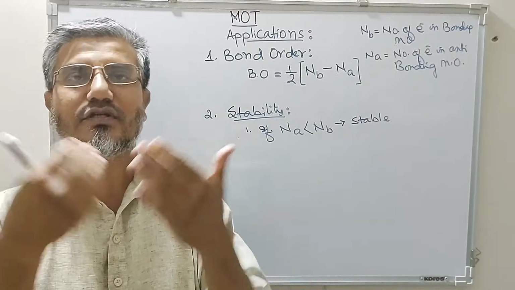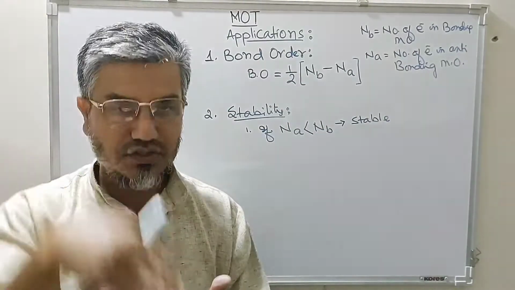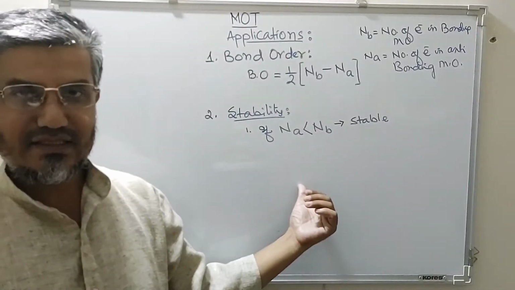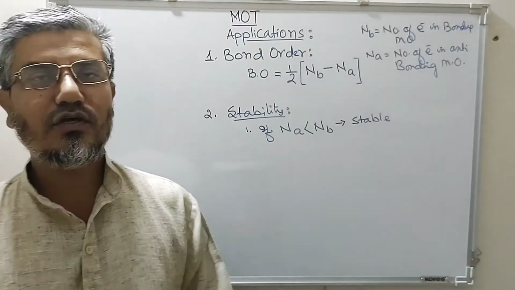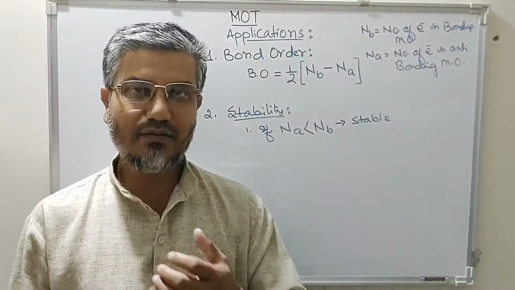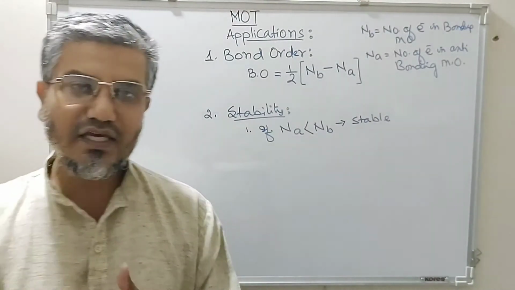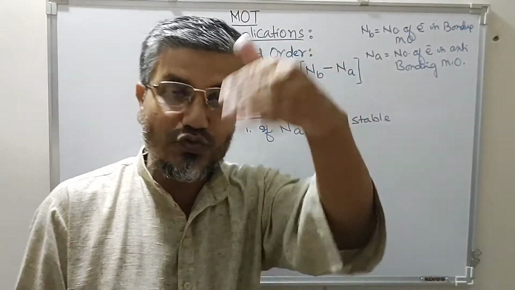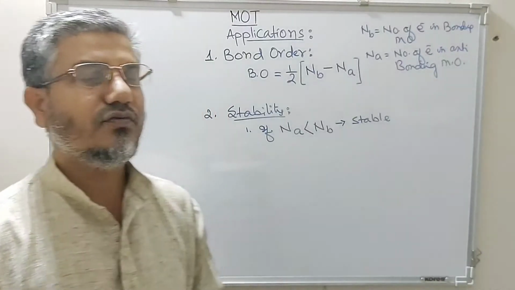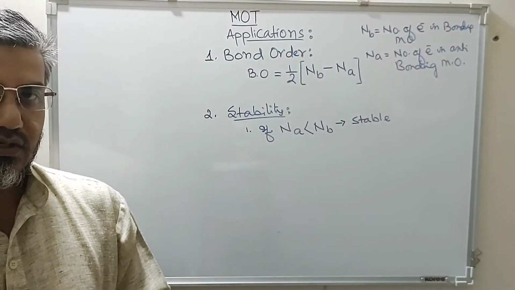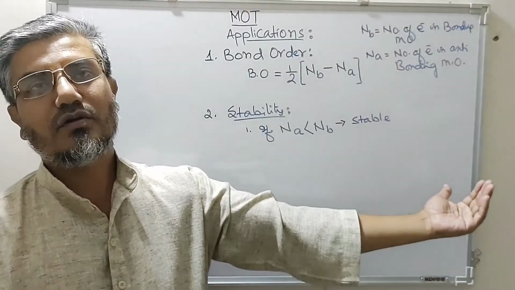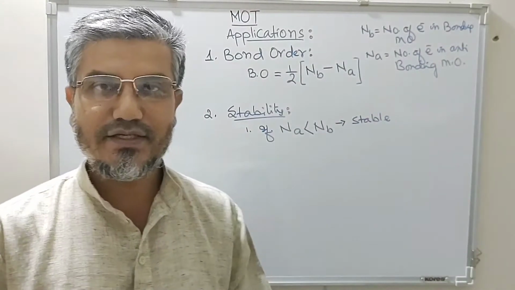Because of this attractive force, the potential energy of bonding molecular orbital decreases, as the bonding molecular orbital is more stable, having less energy. If we add electrons in bonding molecular orbital, that leads to the stabilization of the configuration. So more is the number of electrons in bonding molecular orbital, the more stabilized it will be.